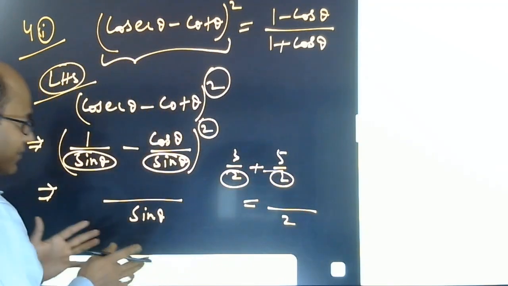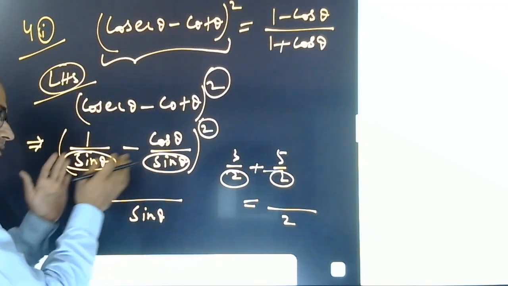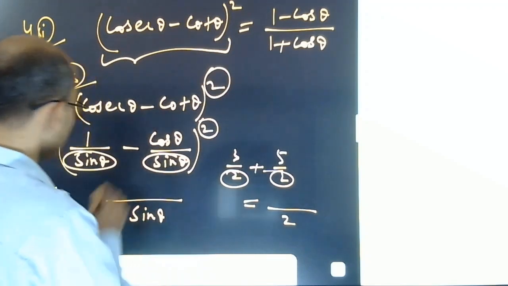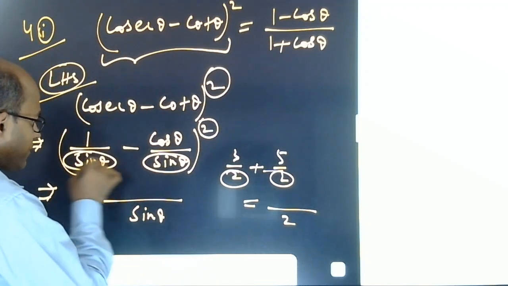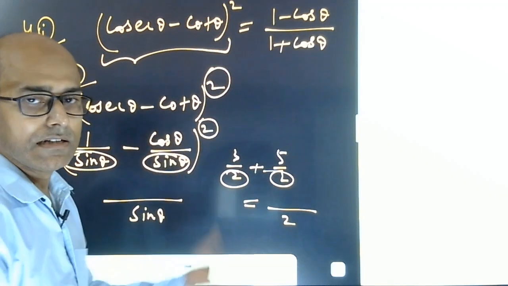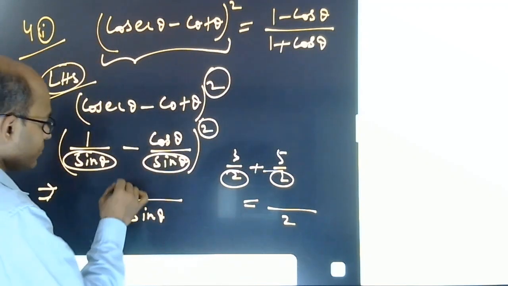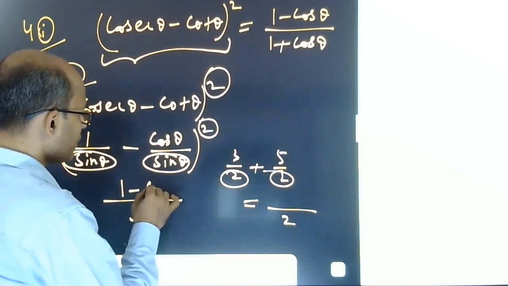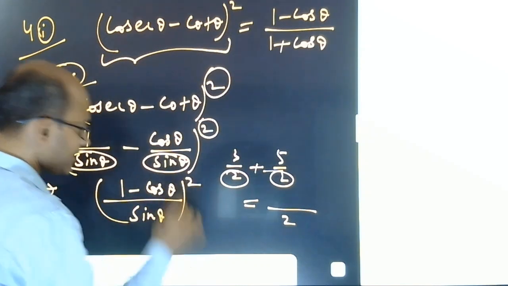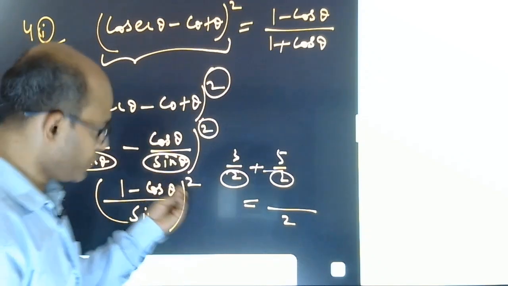In exactly the same way, the LCM will be sin theta and the numerator will be 1 minus cos theta, in brackets with power 2.